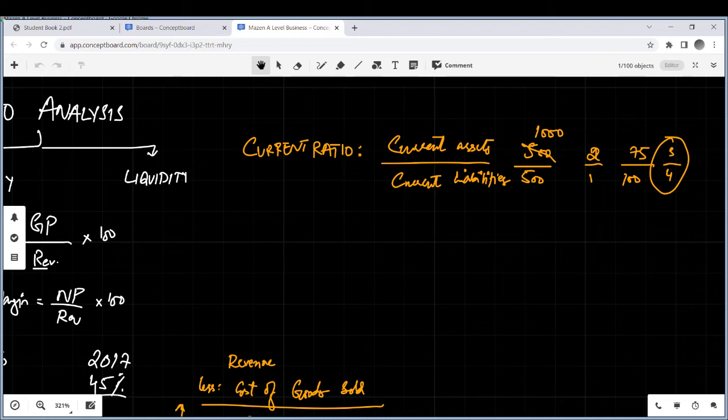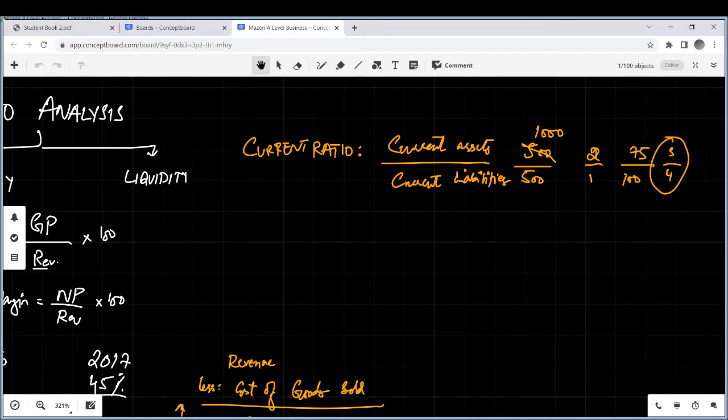In some industries, there is a practice of having a relatively high current ratio. The reason is that in that industry, the payment cycle is very fluctuating. Suddenly, your accounts payable rise, or on very short notice, you have to make cash payments. So if you're operating in such an industry, then it makes sense that you operate with a high current ratio.